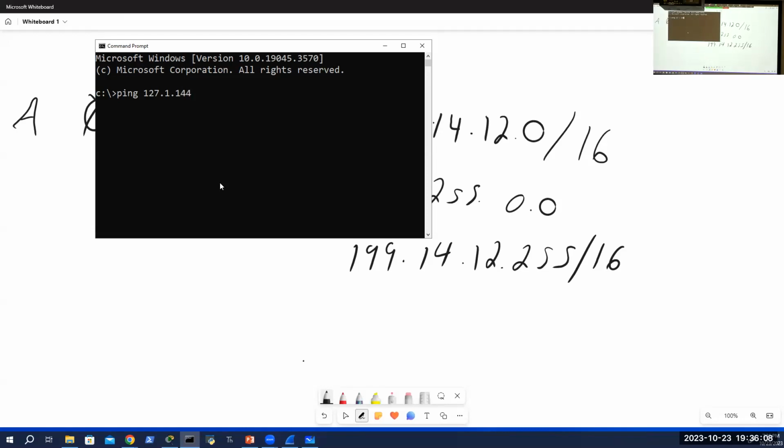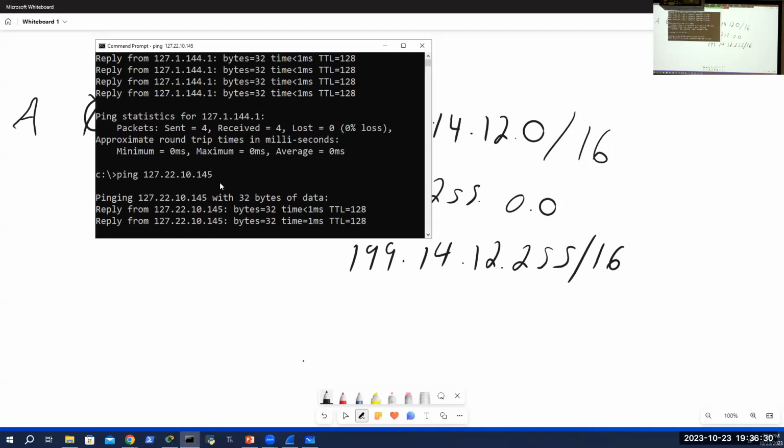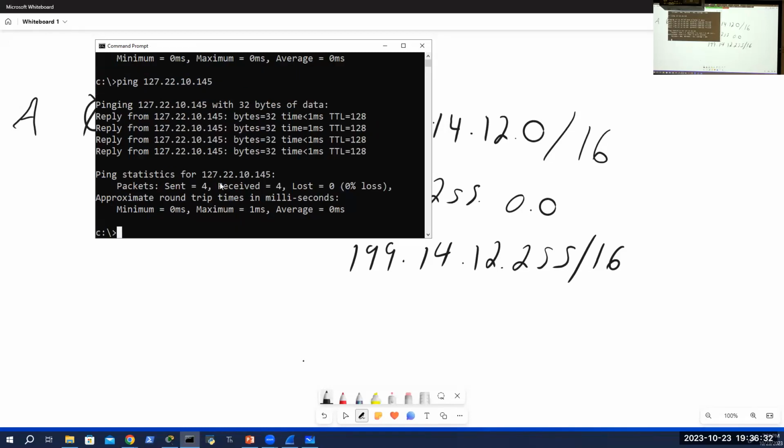I bet if I give you any random address that starts with 127, it replies. So you might have thought, oh, I memorized that address and I know that's on my network, right? But why can I just type in ping any address that starts with 127 and I get a reply? It's the loopback.